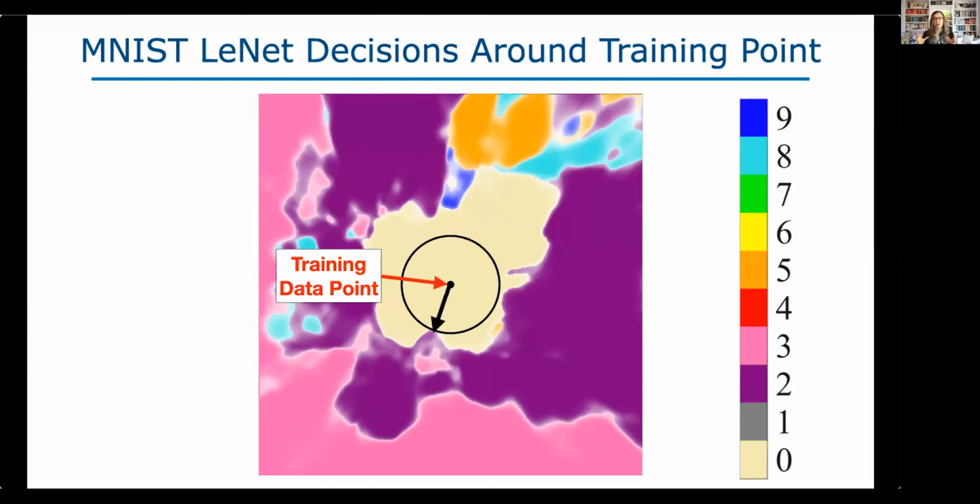We can visualize the buffer around it as being the radius by which you can perturb the image without changing the output prediction. Of course, once you go beyond this radius, you're now going to be labeling it as a 2 in this case. And this kind of visualization allows us to gain some insight into how the decision is being made.